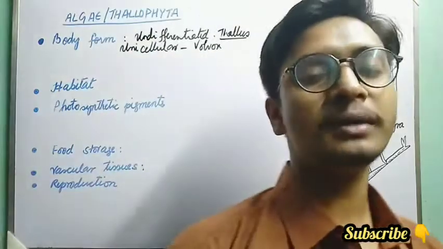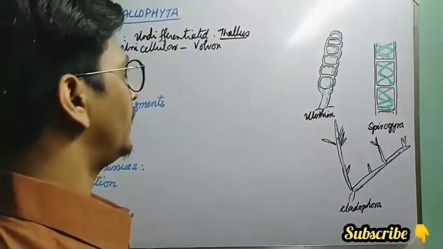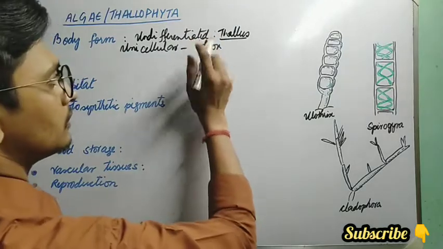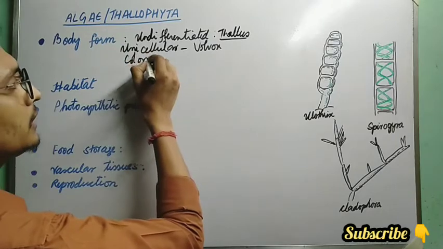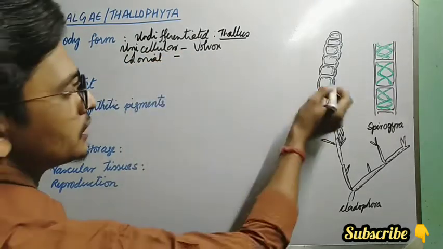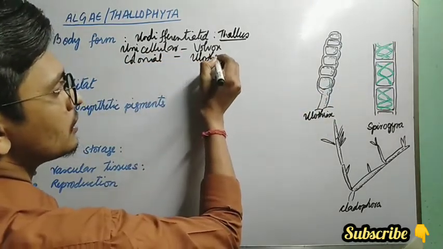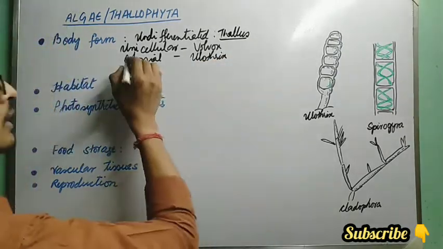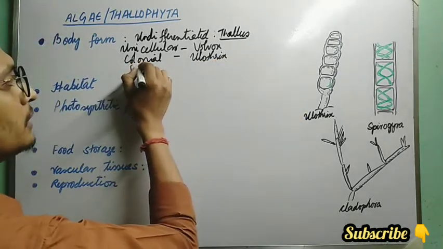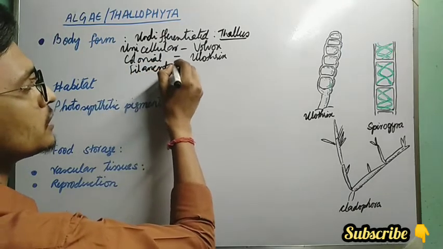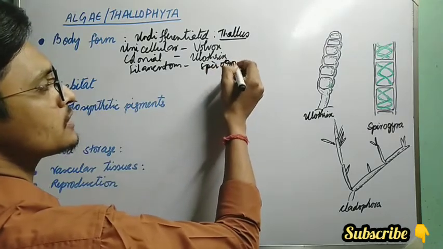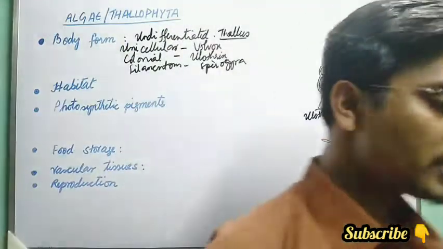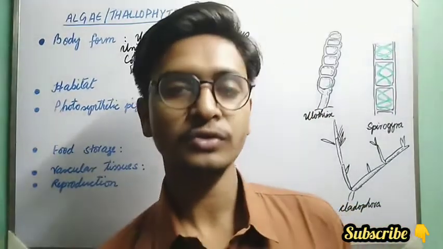So this Volvox can be unicellular, and some may be colonial form, as you can see here in the case of Ulothrix or Chlamydomonas also, and some may have a filamentous body shape, just as you can see here in the case of Spirogyra. These are found in fresh water, on the surface of fresh water bodies such as pond, lake, river.